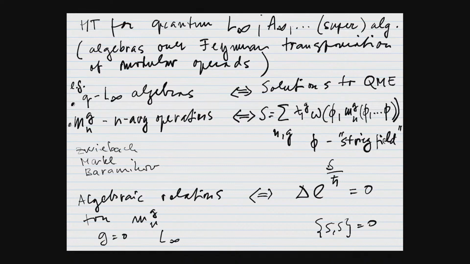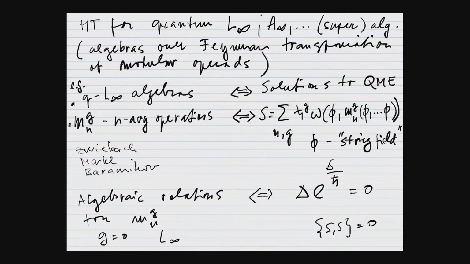Since your symplectic structure is non-degenerate, this immediately gives you n-ary operations, which take n fields and produce a field out of it. So you have something with n inputs and one output for each n and for each genus.